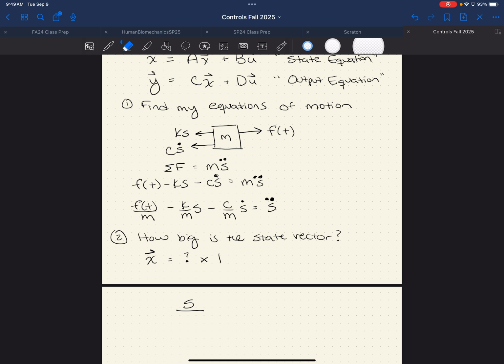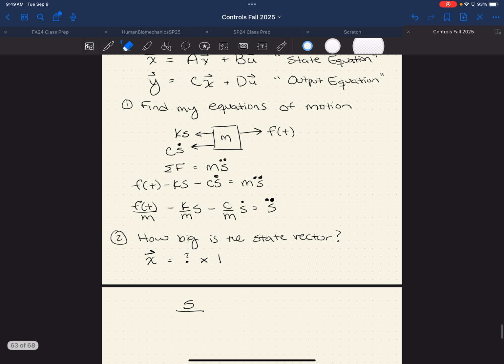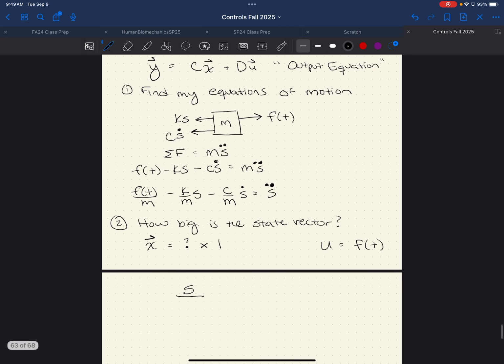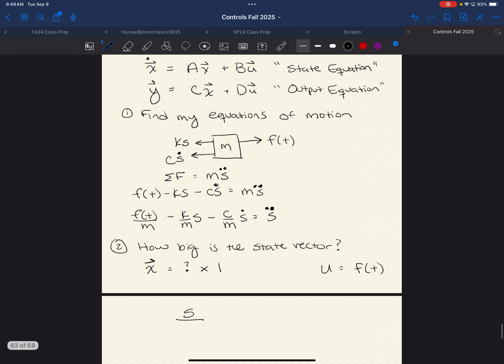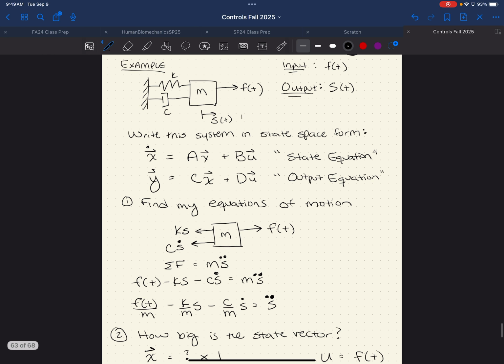But for this, when I'm putting it in state space form, I'm going to treat the input as a completely separate vector. I could even go ahead and write U as a vector, which is really just the scalar f of t. So I'm not going to worry about that one. I'm only going to worry about this time-varying position S.